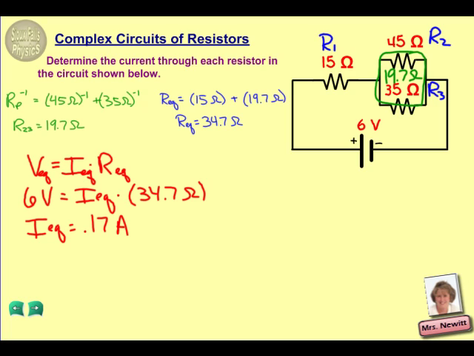Now, even though this is not specifically asked for in the question, this is an important amount, because remember that for a series circuit, if we have 0.17 amps leaving the battery, that current then will have to travel first through resistor 1, then continue on to the parallel combination of resistors 2 and 3.